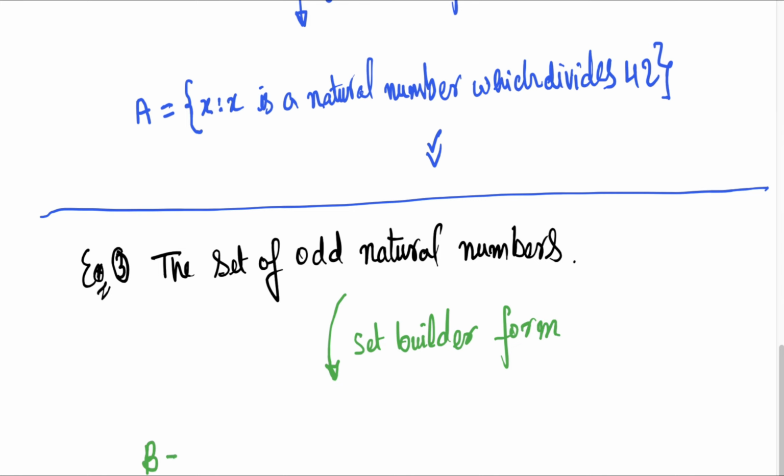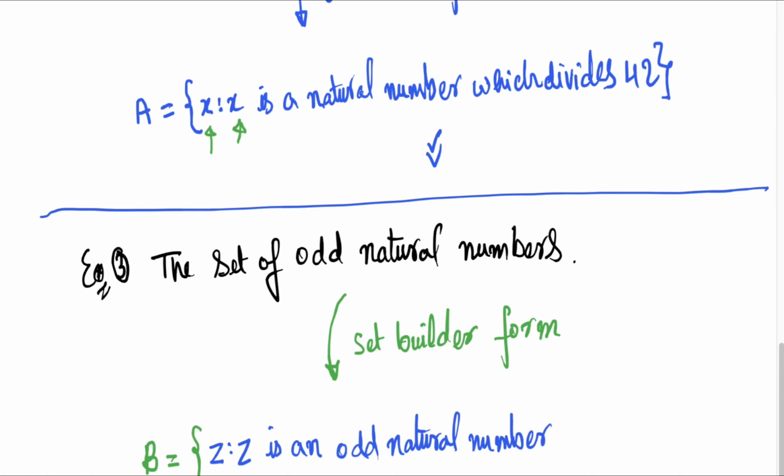We can take capital B equals, inside the curly braces. We have already seen that in place of x we can write y or z, any symbol. So here I'm taking z: z is an odd natural number.